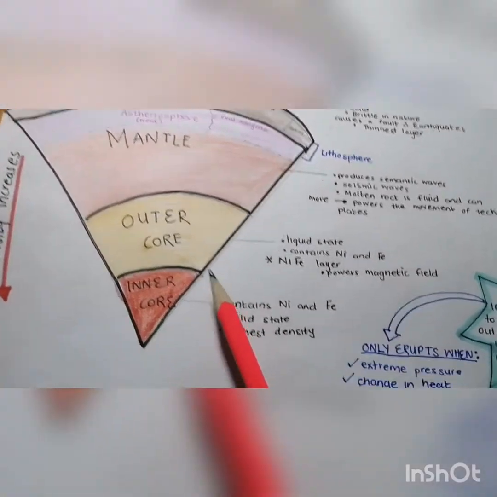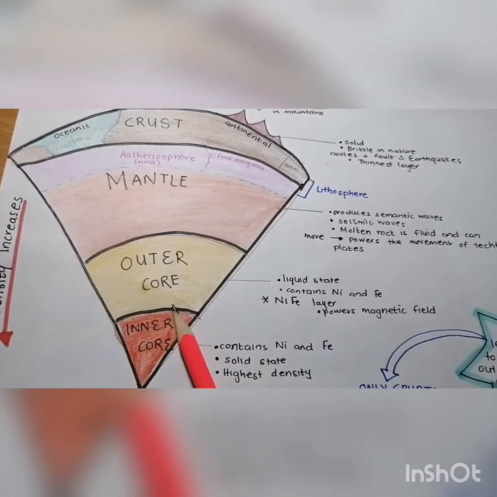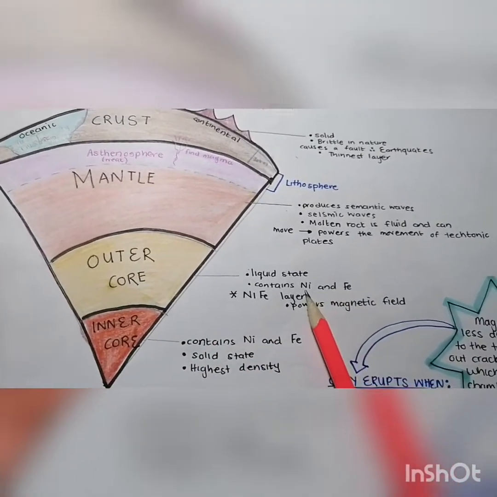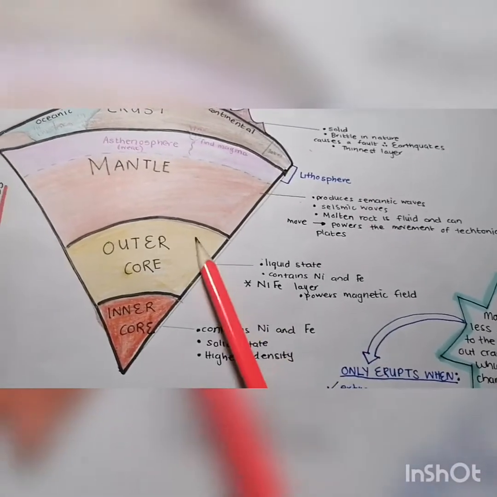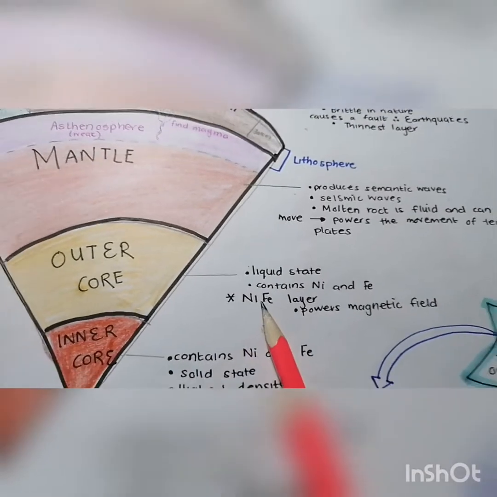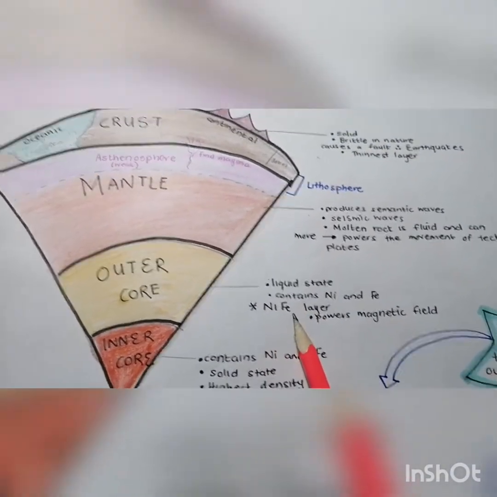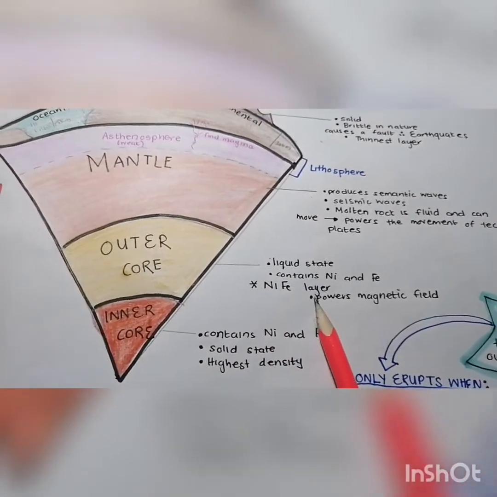Now we can move on to the outer core. The outer core is in a liquid state which consists of iron and nickel. So an easy way to remember the core is the NiFe layer. Ni stands for nickel and Fe stands for iron, if we check it up on the periodic table.